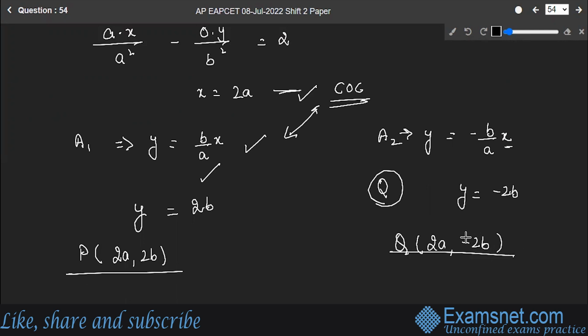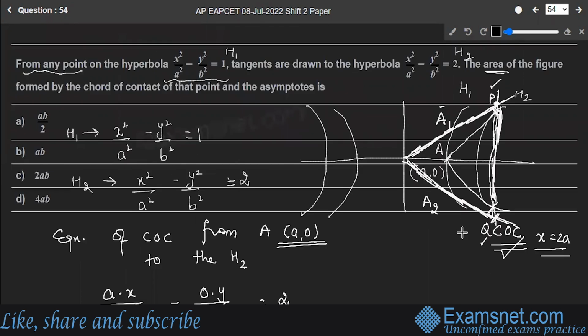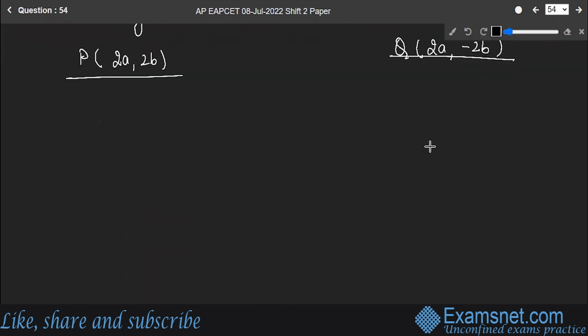Now what do you want to find out? You have to find out the area of the triangle. If I'm naming this as O, you have to find out the area of the triangle OPQ. According to the question, the required area is equal to the area of triangle OPQ.